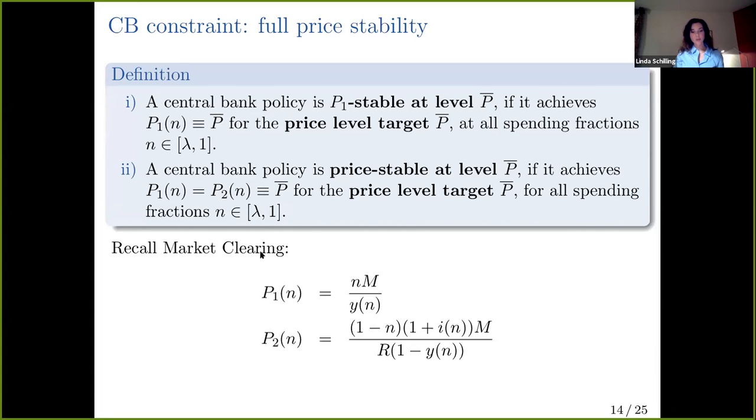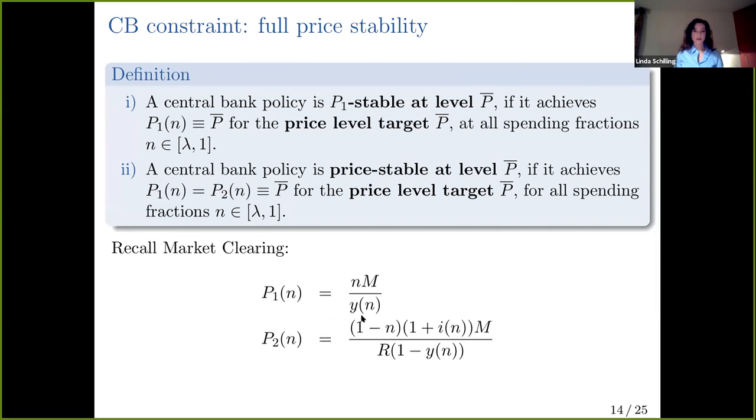What does this mean in terms of market clearing? Well, the central bank still observes the amount of aggregate spending and then sets her liquidation policy. But since she now has a price stability objective, she puts the left-hand side here equal to a constant. And we see immediately that this imposes constraints on the central bank's liquidation policy. But what kind?